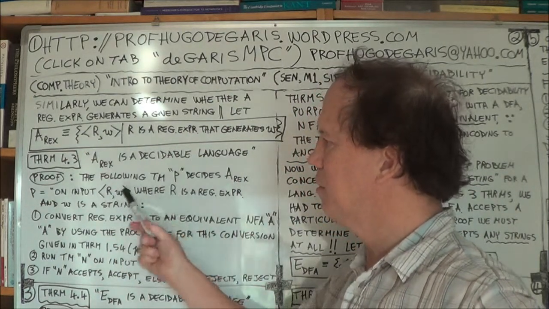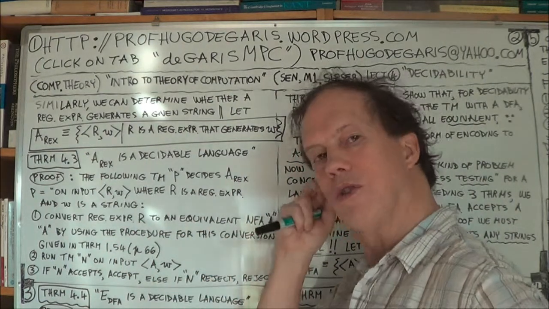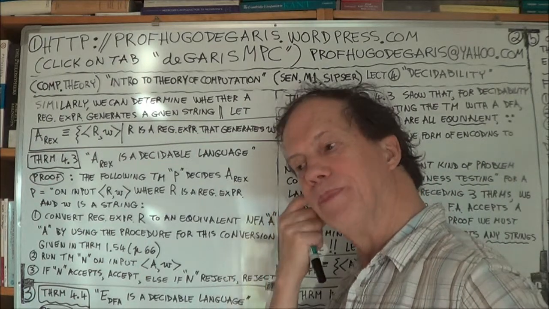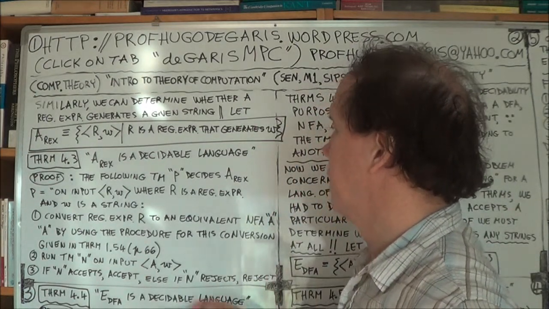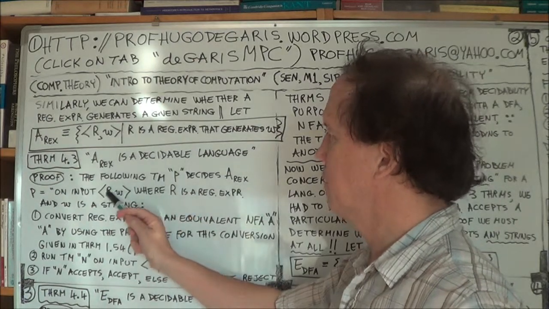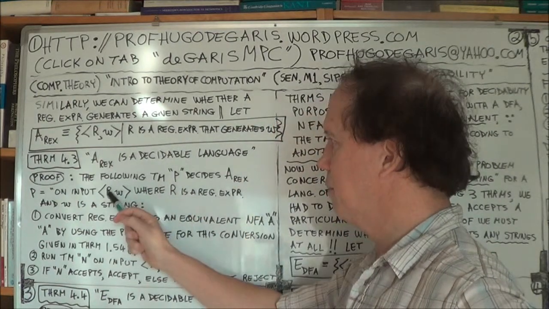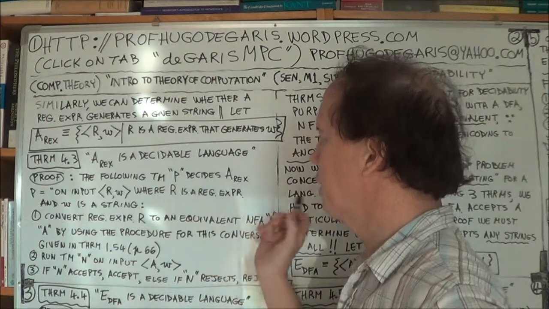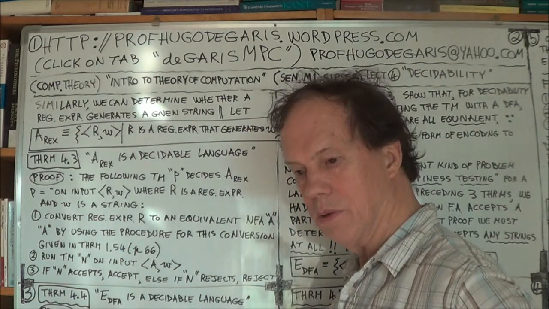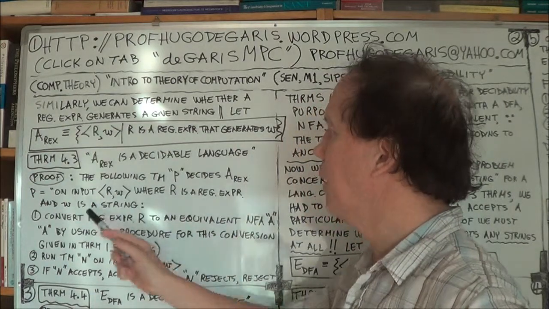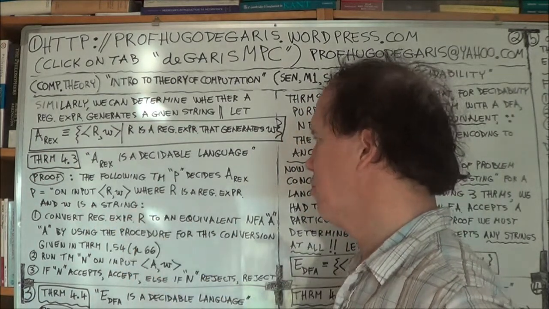So that's your input string, which goes into the Turing machine. A Turing machine always has an input string, where R in the ordered pair is some arbitrary regular expression. We've talked about regular expressions at length in chapter 1. And W is just an arbitrary string.